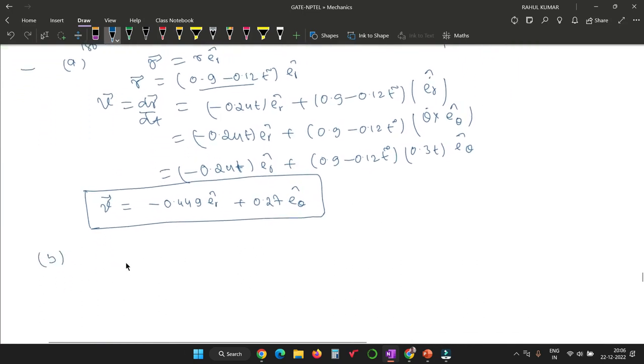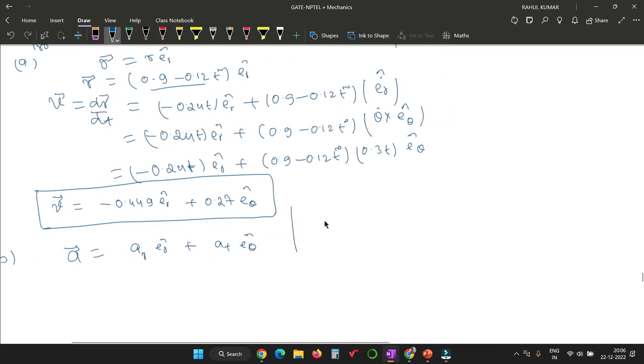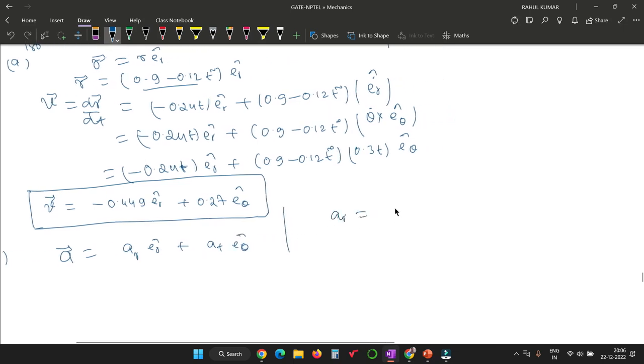I've already told you. If you want to determine the acceleration, first you have to find the radial component, a_r e_r, and the tangential component, a_theta e_theta. a_r is the acceleration in the radial direction: r double dot minus r omega square.